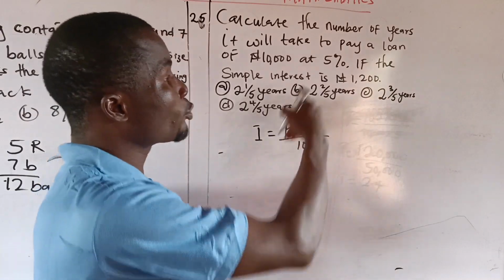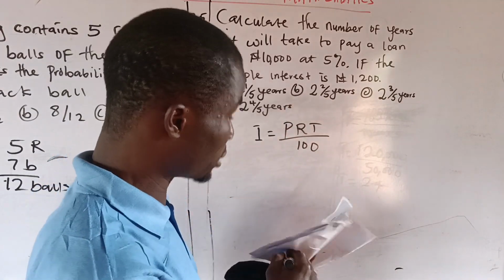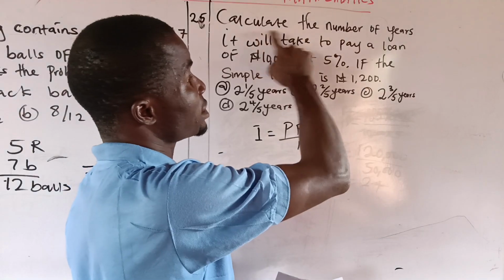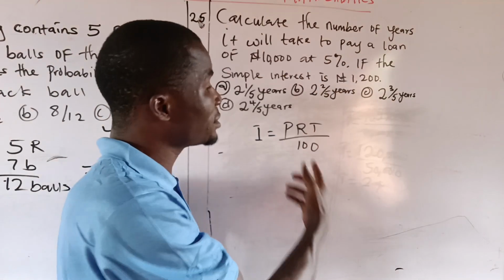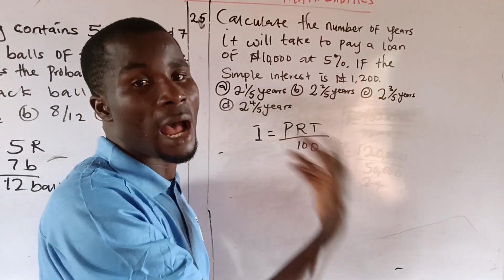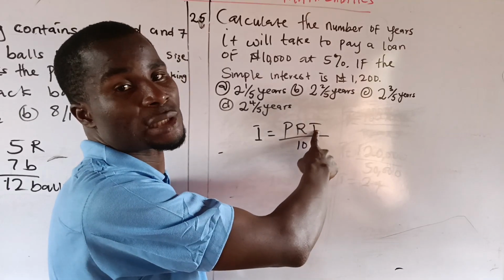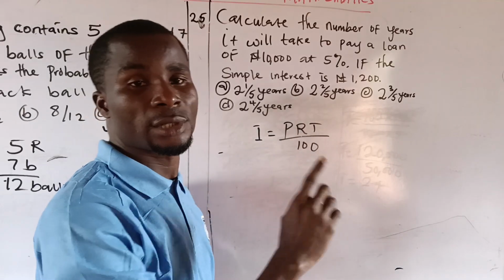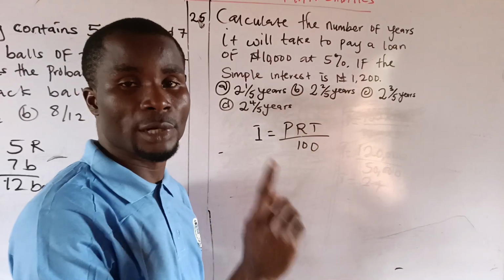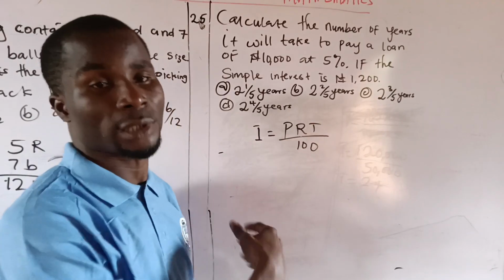The question asks us to calculate the number of years, and T means time. So this is what they ask us to calculate, T. R means rate, P means principal, while I means the interest.